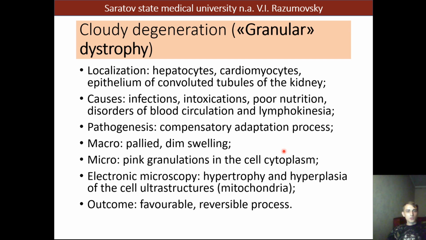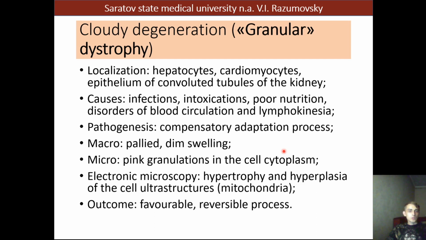In electron microscopy, you can find hypertrophy and hyperplasia of the mitochondria. And if they ask you on the exam with which morphological manifestation cloudy degeneration is associated, you should tell them that cloudy degeneration is associated with increase of count and size of mitochondria in cells.